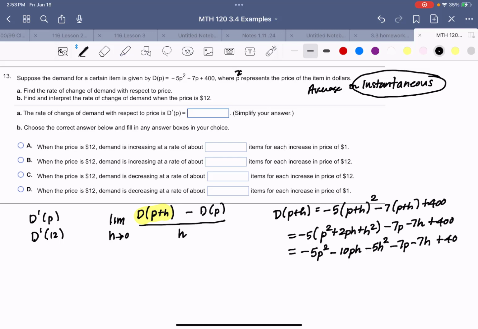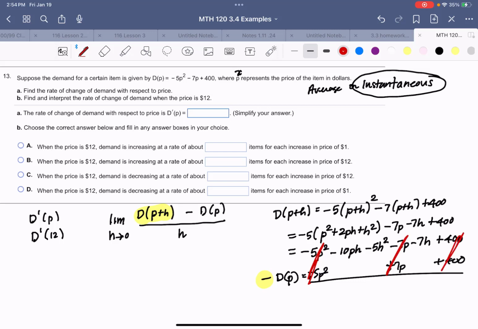So the next thing we're supposed to do is subtract the original function D of P. That's a minus 5P squared, a minus 7P, and a plus 400. But look, we've got to subtract it, so all of these signs get changed. And then when we combine, the original function terms have all been eliminated.